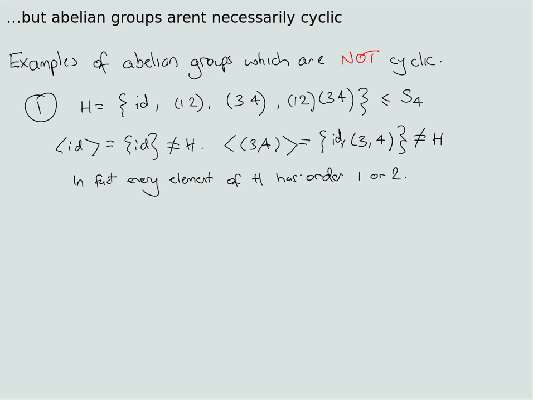So every cyclic subgroup generated by an element of H has order 1 or 2 as well, because we showed in our last lecture that the order of the cyclic subgroup generated by an element is equal to the order of that element. But H has order 4, so we can't have any cyclic subgroup of H being equal to H, because cyclic subgroups have size 1 or 2, whereas H has size 4.